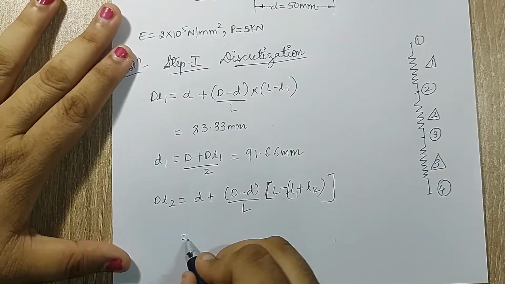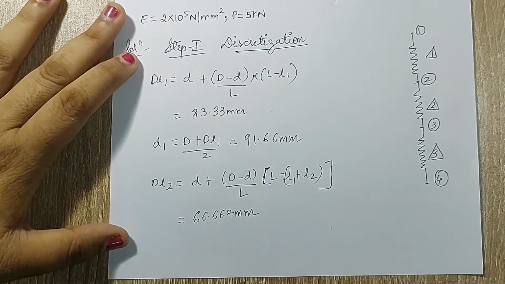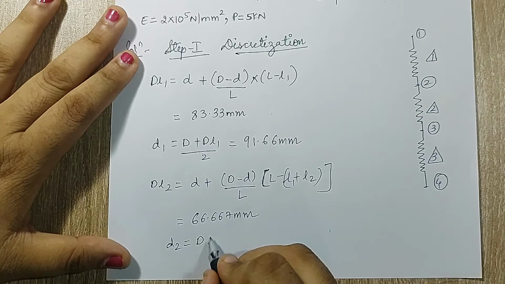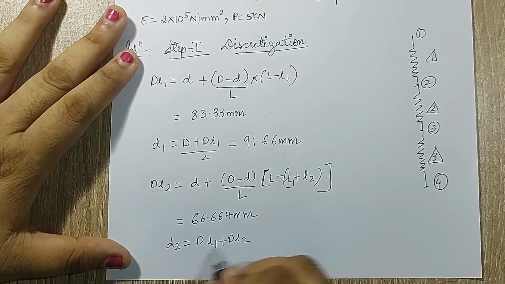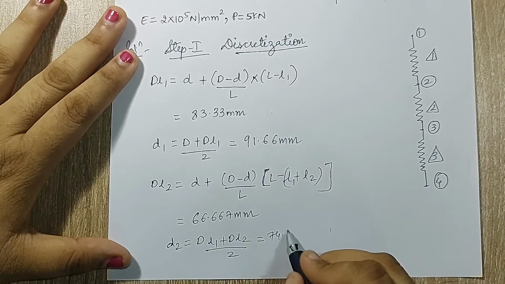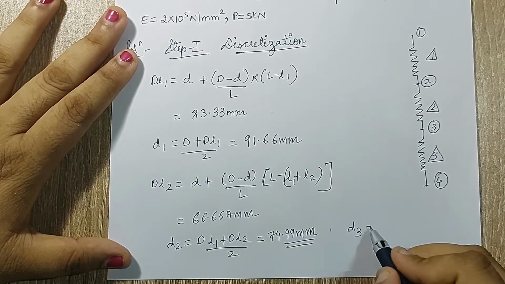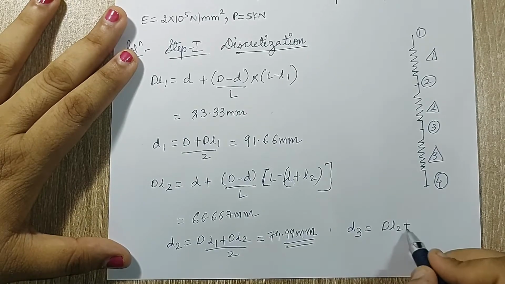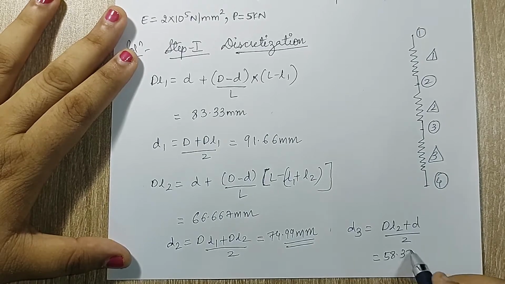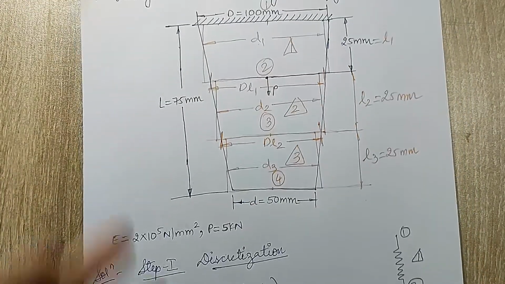When I solve this, I get the answer as 66.667 mm and the answer for D2 will be (DL1 plus DL2) by 2, which will be 74.99, which is 75 mm approximately, and D3 is between DL2 and small d. So this answer is 58.33 mm. I hope you can calculate all of these because the values are given here.